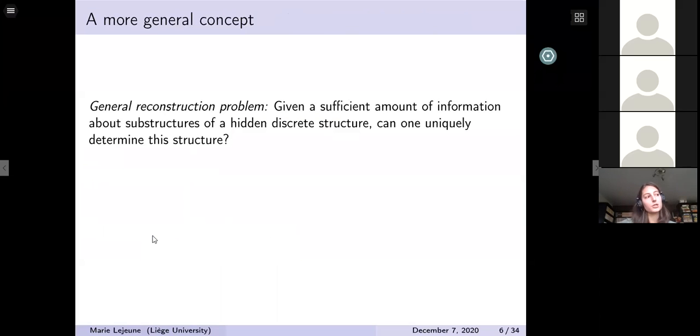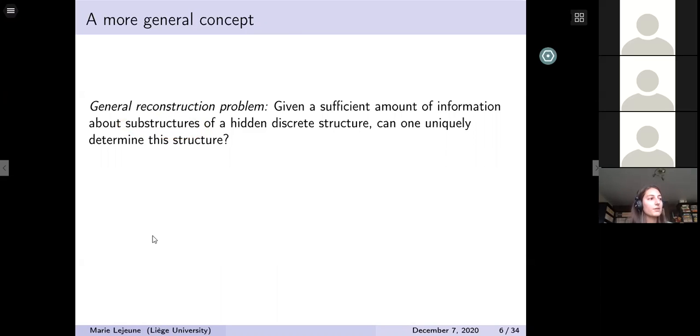Okay, so the reconstruction problem can be more general than just applied on words. And it's stated as follows. I have a hidden structure that I don't know, but I have information about substructures of this structure.